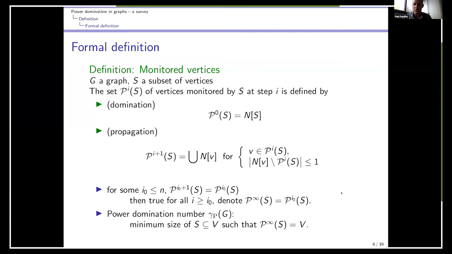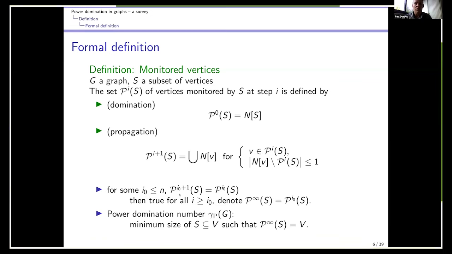And here the only constant that is completely arbitrary is this one here. Okay. So now what is clear is that at some stage, my sequence P^i will stop increasing because it's a subset of a finite set.